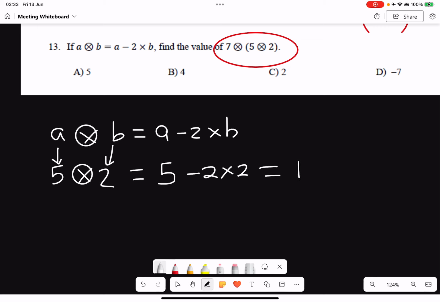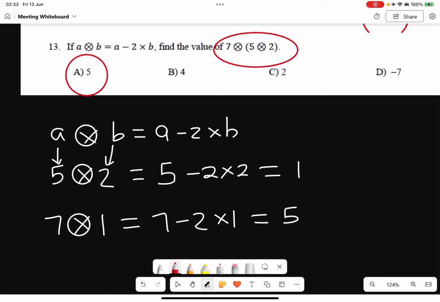Which then makes the value to be 7 star 1. And then this will just be the same. It's going to be 7 minus 2 times 1, which is 5. So the correct answer is 5, ladies and gentlemen, which gives us option A.